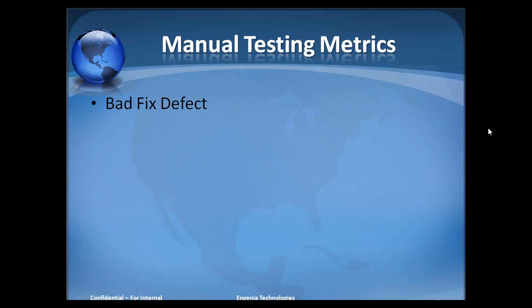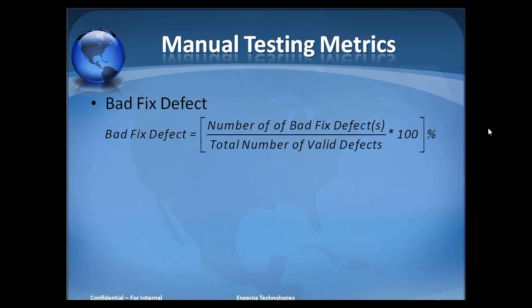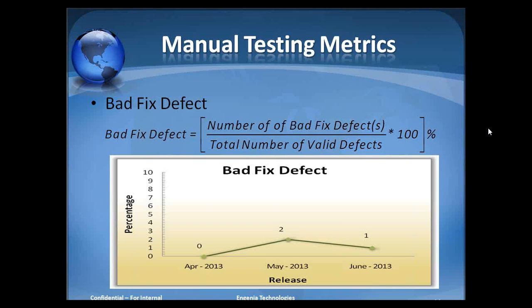So this metric determines the effectiveness of the defect resolution process, that is, whether the defect resolution process is effective or not. The formula for this is the number of bad defects fixed divided by the total number of valid defects, multiplied by 100. So this is also calculated as a percentage. Then we can have this trend analysis: in the month of April there was a 0 bad defect rate, it increased to 2 in the month of May, and then it gradually decreased to 1 in the month of June.